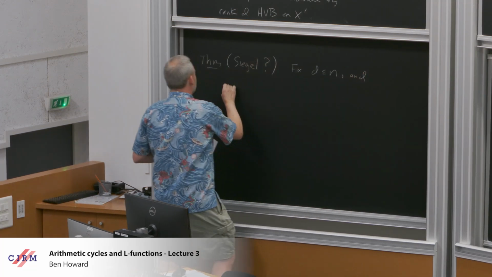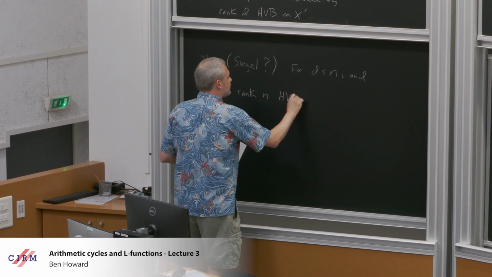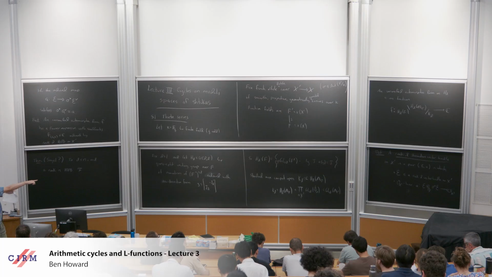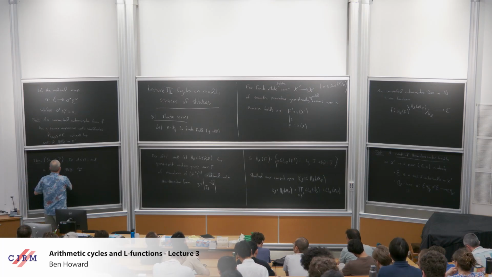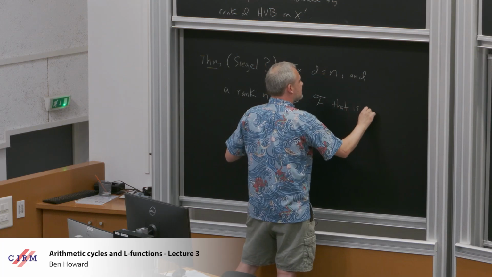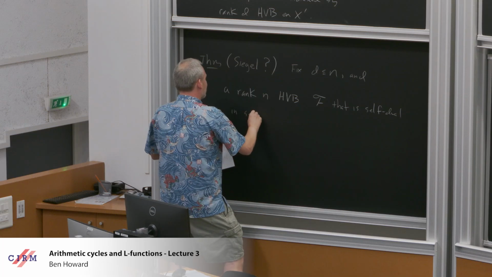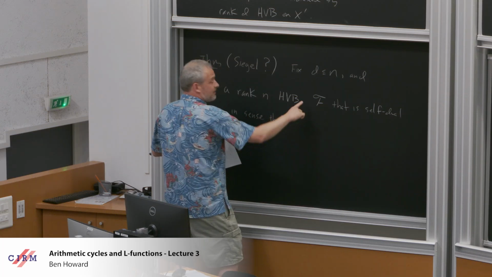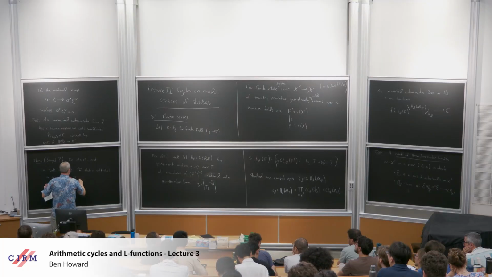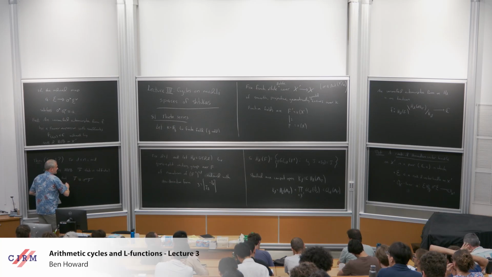And a rank N Hermitian vector bundle F. I'm going to suppress the name of the Hermitian pairing, but I'm going to assume that it's self-dual, in the sense that the map that comes from the unnamed Hermitian pairing is an isomorphism. So I'm fixing an isomorphism. It comes with a fixed such thing.